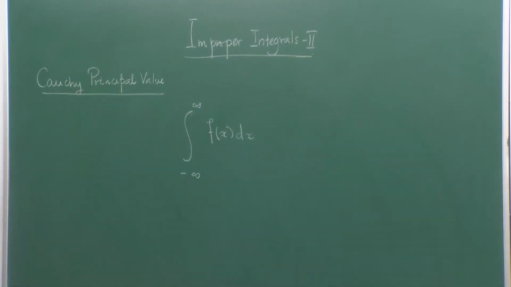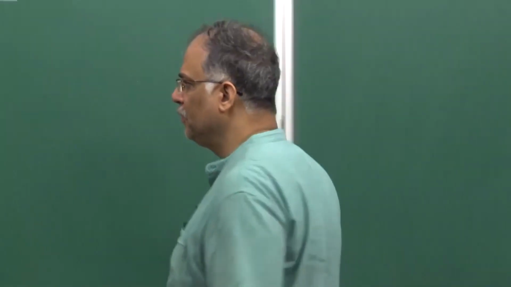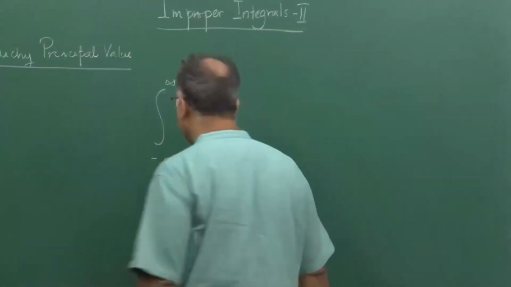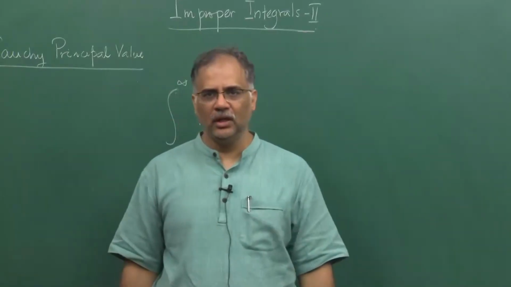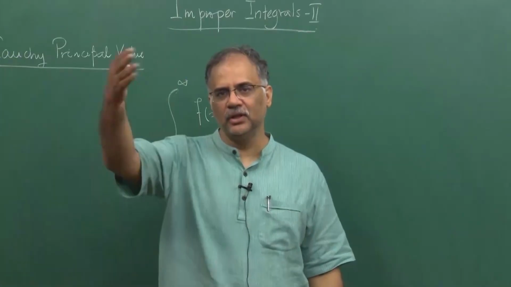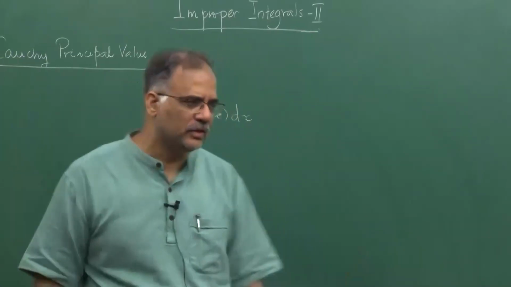So, what do you mean by the convergence of this integral? How do you define it? That is again a question, right. Somebody would say, okay, I know how to handle 0 to infinity or a to infinity, and minus infinity to a, with 0 standardized, for example.